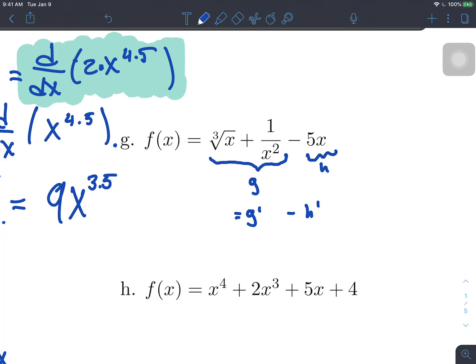And now g is itself a sum of functions, maybe k and j. So when I do the derivative of g, I would get k prime plus j prime minus h prime.